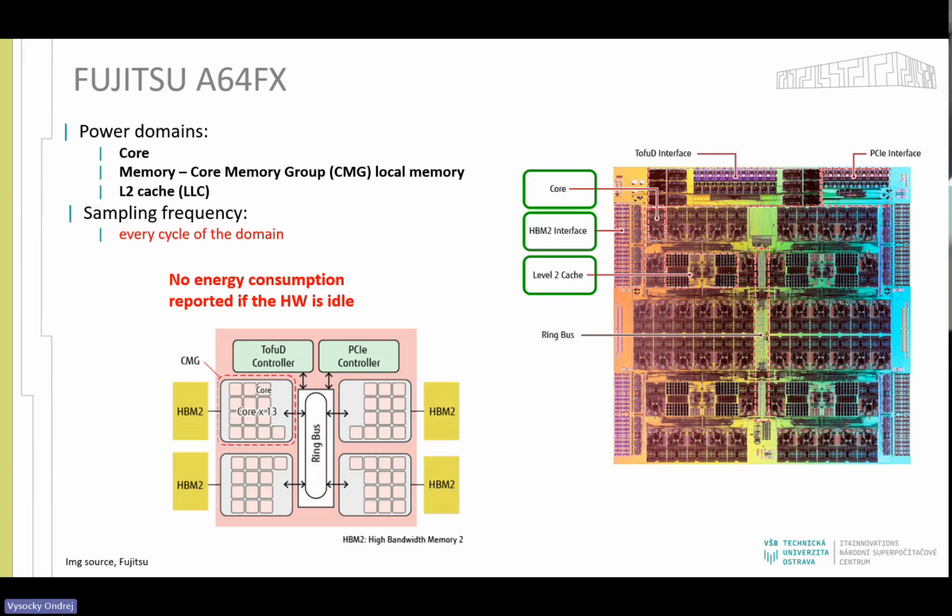Another CPU I have in my presentation is the Fujitsu A64FX, which is the CPU we know from the Fugaku system that used to be number one in the Top500. I have this system here because there is one specific feature, and it is the sampling frequency.